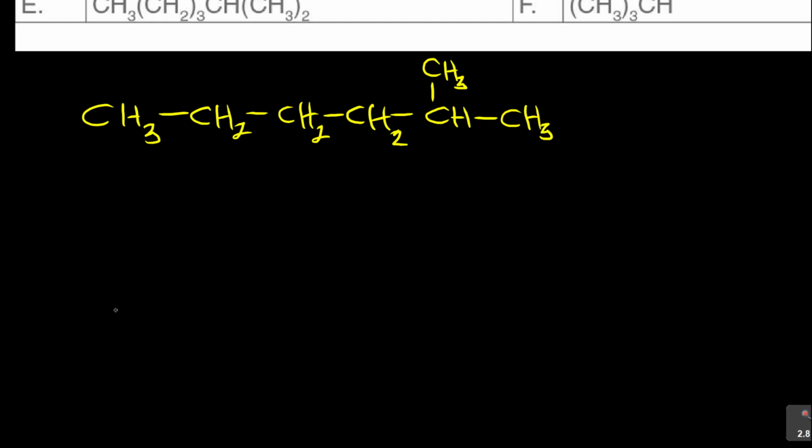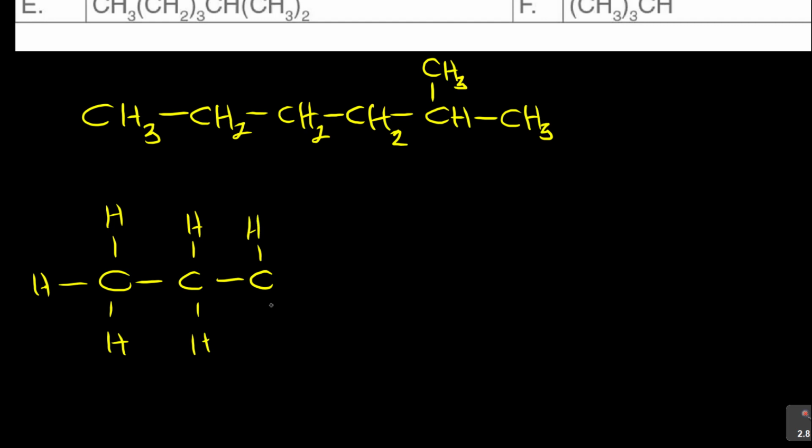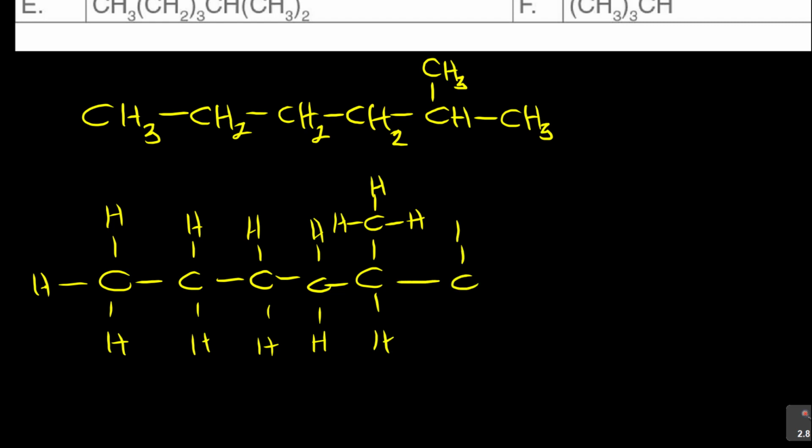So the structure becomes C, H, H, H, C, H, H, C, H, H, C, H, H, and that is done. And then C, C, H, H, and H, and then you've got H and C, H, H, and H. There is the structure. That's why they say come up with a structure.